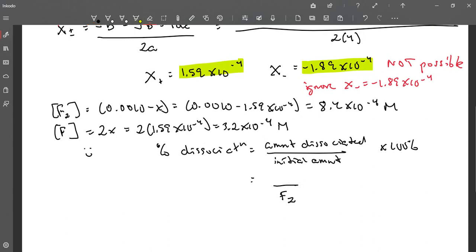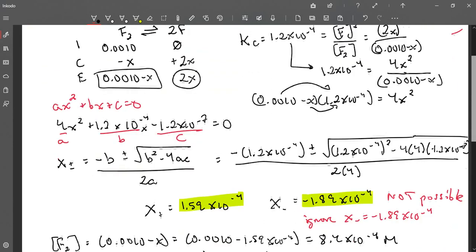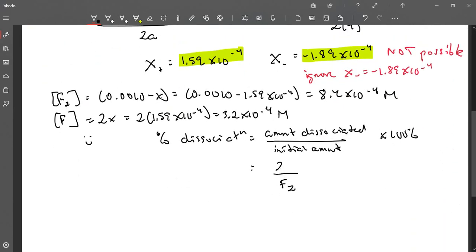How much dissociated? Let me go back. Okay, sorry guys, right here, 2x is how much actually dissociated. That makes sense. It's getting all mixed up there, right? So 2x, and that we know, is right here, 3.2 times 10 to the negative 4.